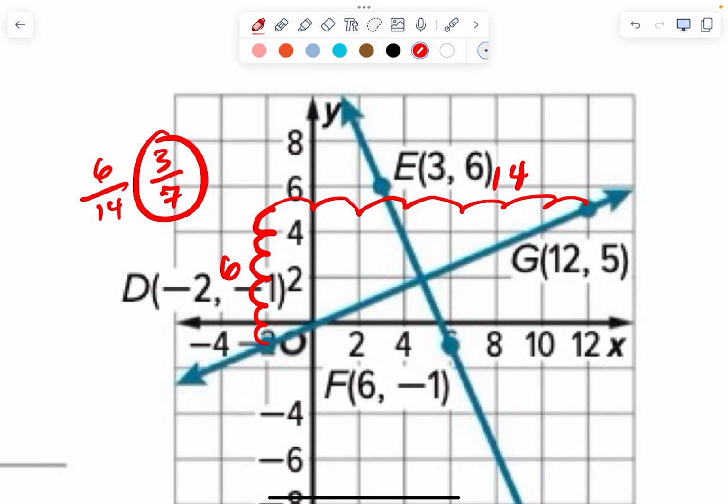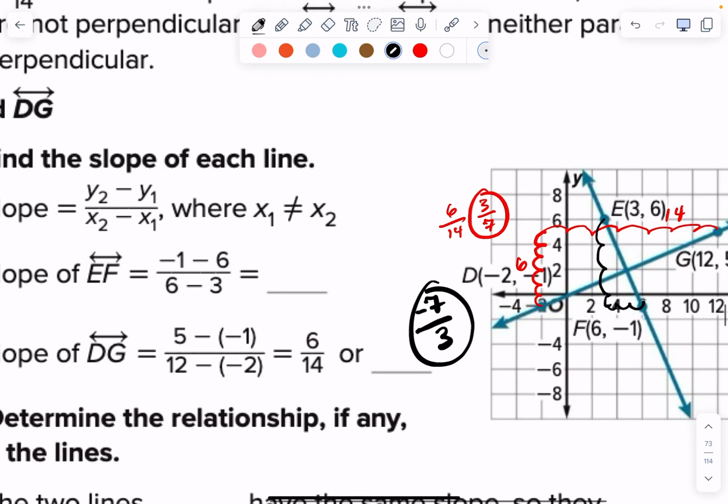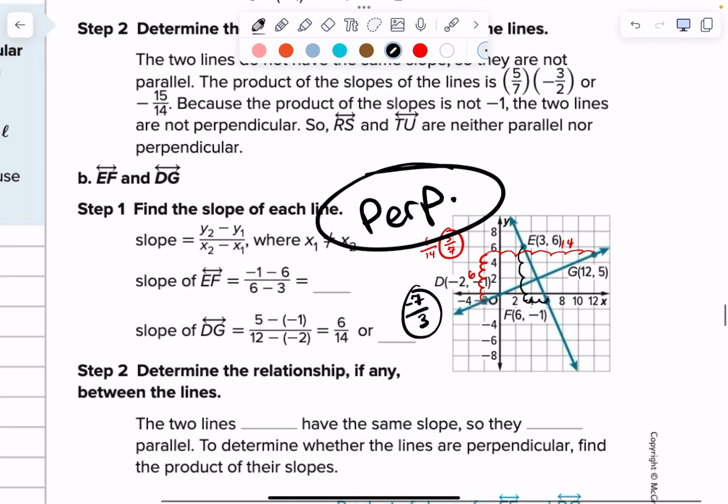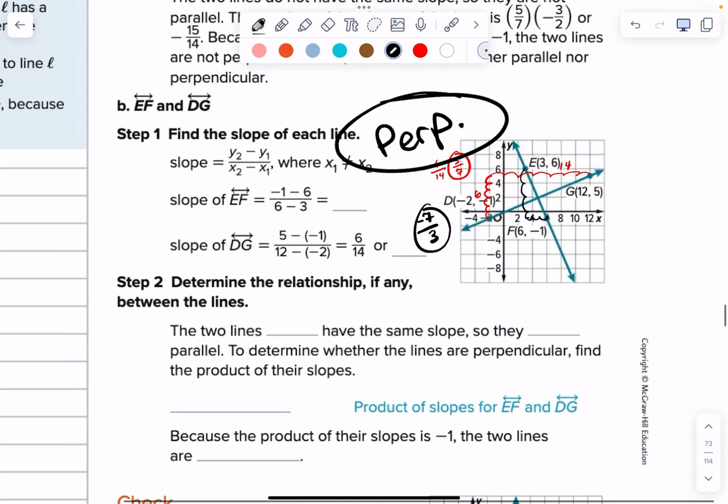All right. E to F. You're going down 2, 4, 6, 7. Down 7 and over 1, 2, 3. Hey, they are perpendicular. Awesome. I abbreviate: perp. Perp. Good? Yes?